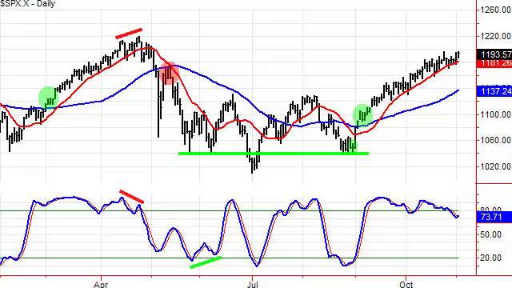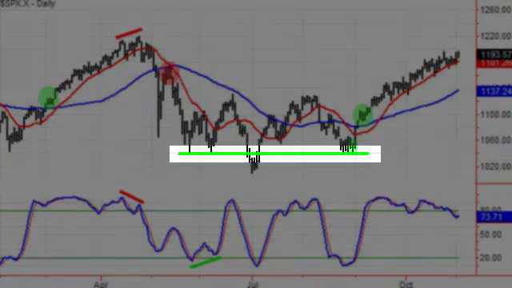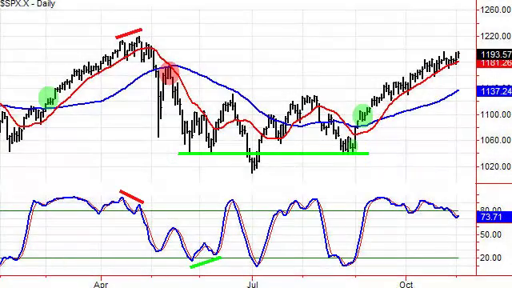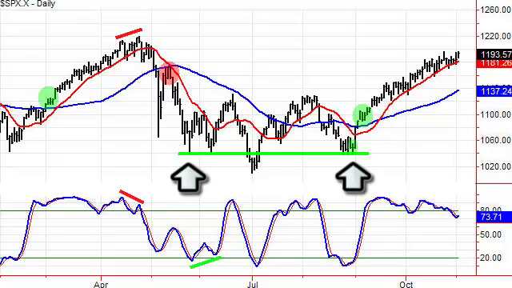Similarly, the market provided other clues that likely price action was to follow. For example, the green line at the bottom of the chart reflects what we refer to as an inverse head and shoulders pattern. Picture, if you will, a man or woman standing on his or her head. You've got two shoulders on either side and a head in the middle.